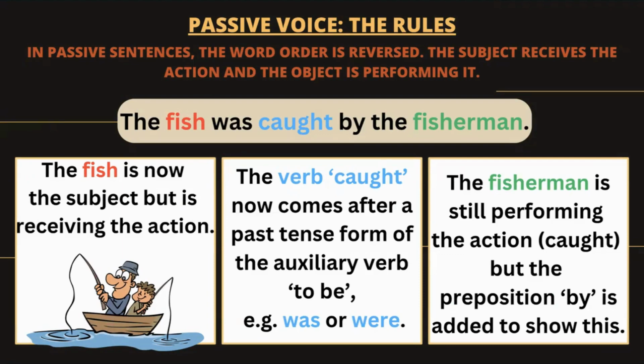The verb caught now comes after a past tense form of the auxiliary verb to be, that is was or were. The fisherman is still performing the action, that is caught, but the preposition by is added to show this.